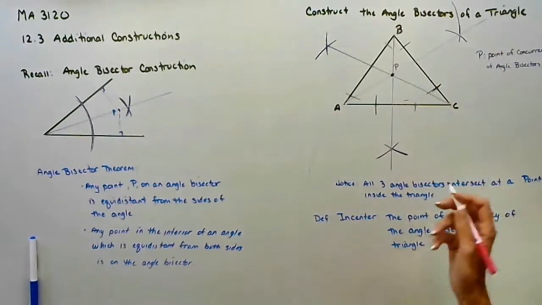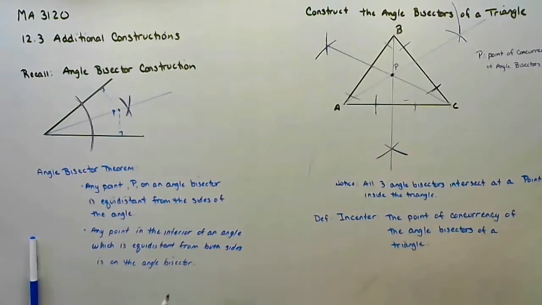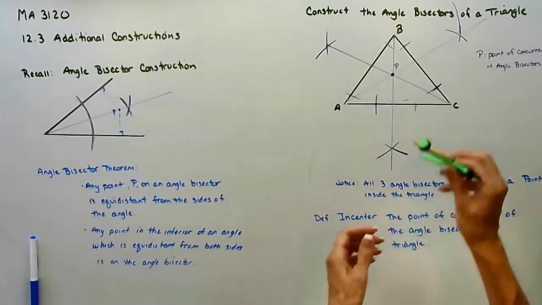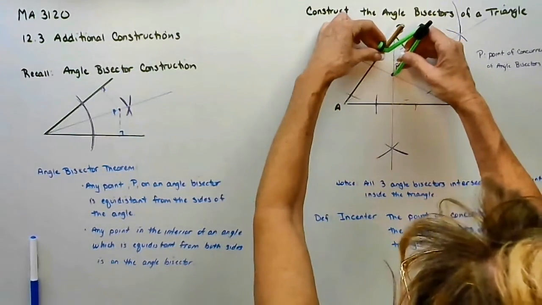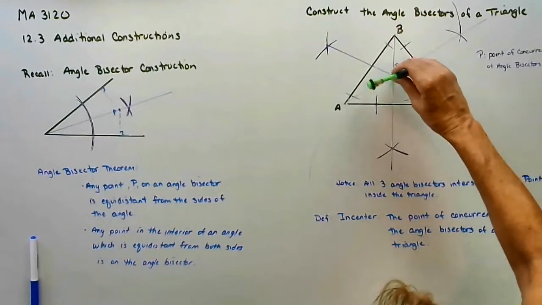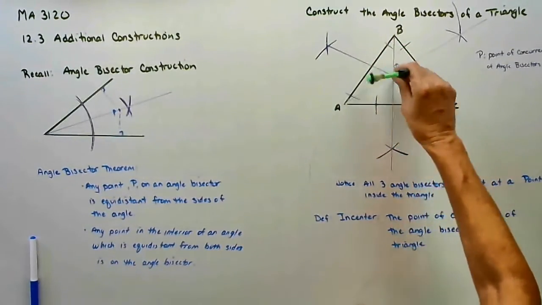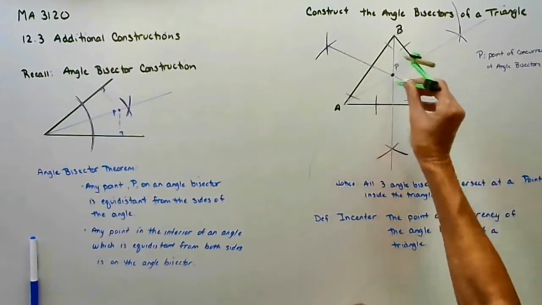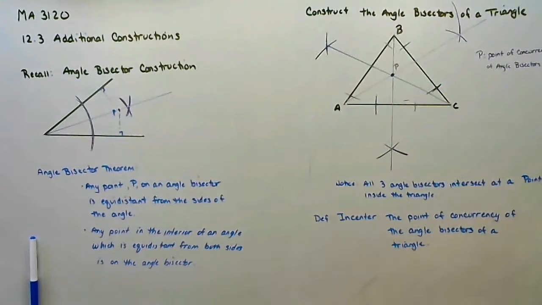Okay, so I could create a perpendicular. But what I want to show you is, if the shortest distance from that point to that side is the same, I should be able to draw a circle within this triangle. So try that with your compass, okay?